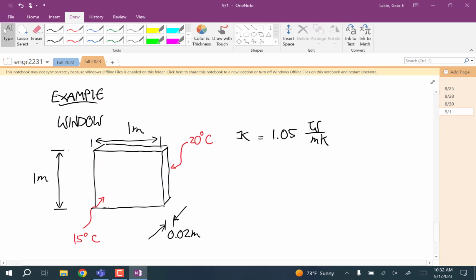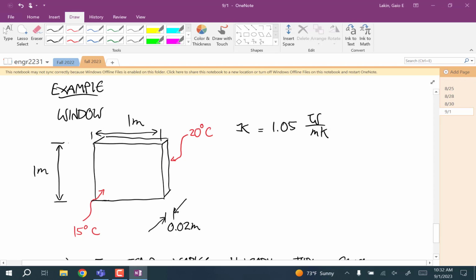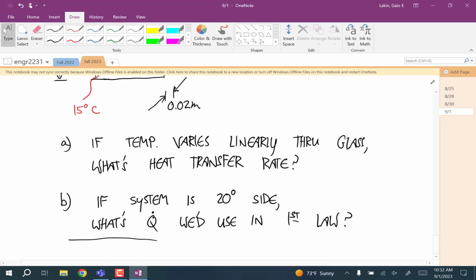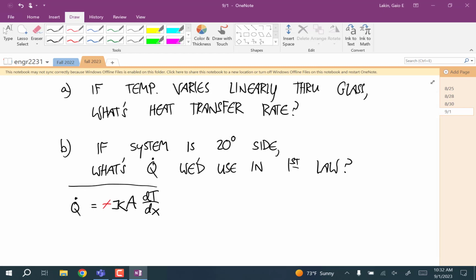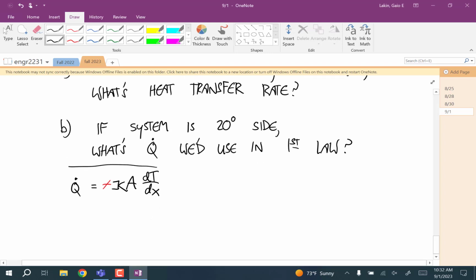Okay, so the first thing we're doing is just using this equation. So we're going to use Q dot is equal to kappa times area times dT/dx. And there's a negative, but we're going to ignore that. We already have kappa. What about A?